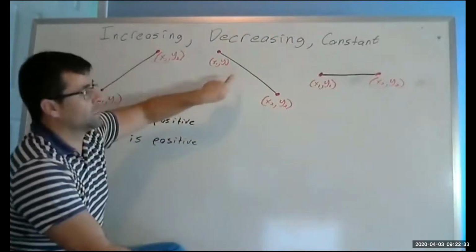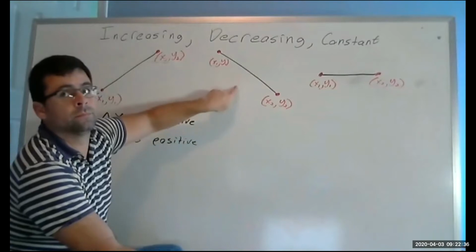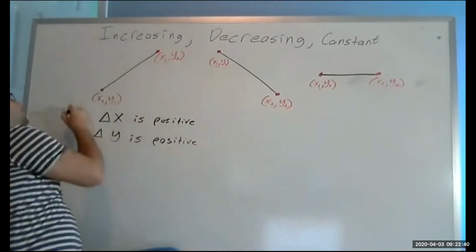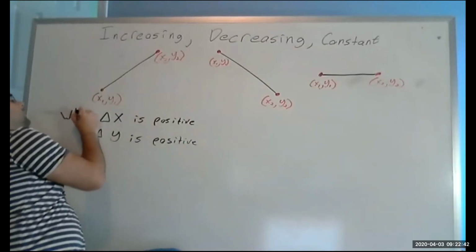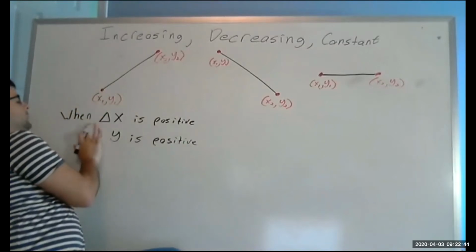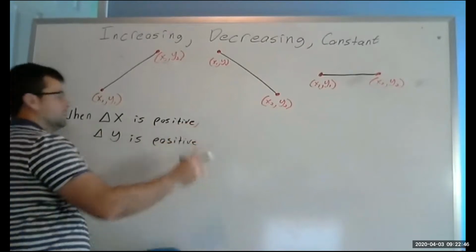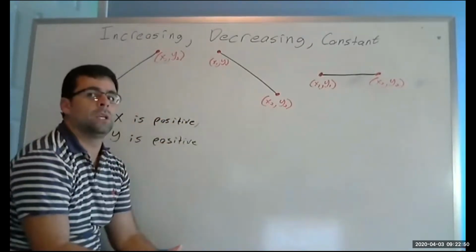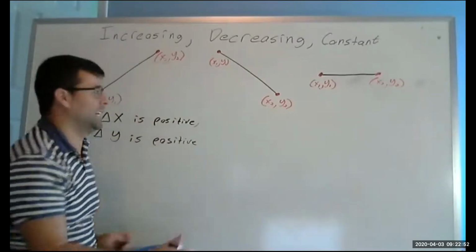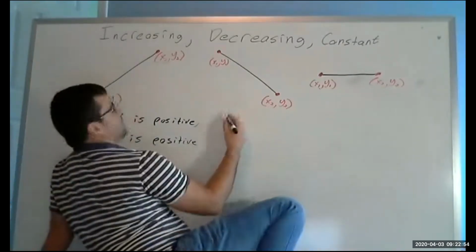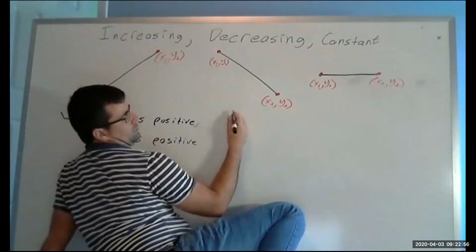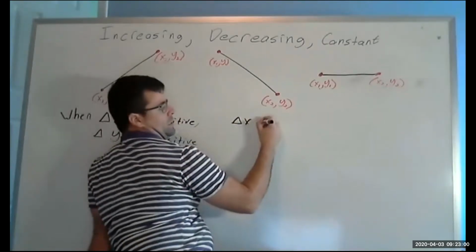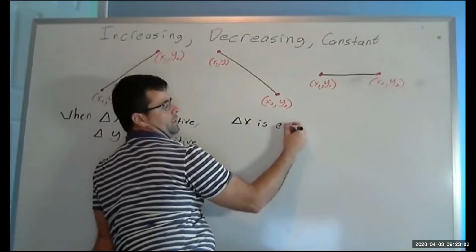How about on this one? We're still going left to right. So we're still increasing our x value, but our y value is going down. So delta x is positive.